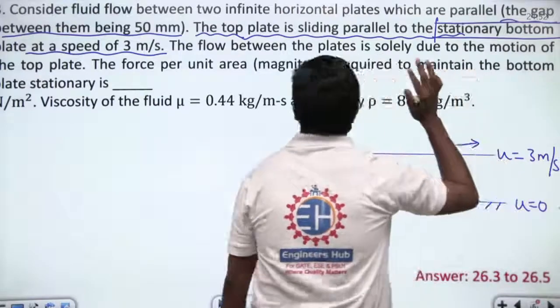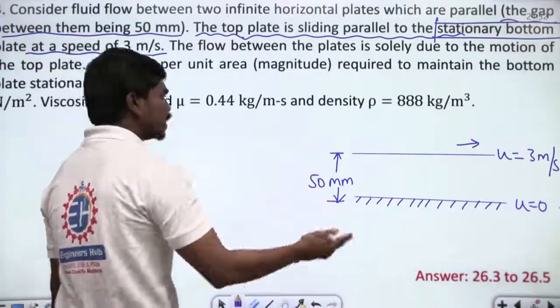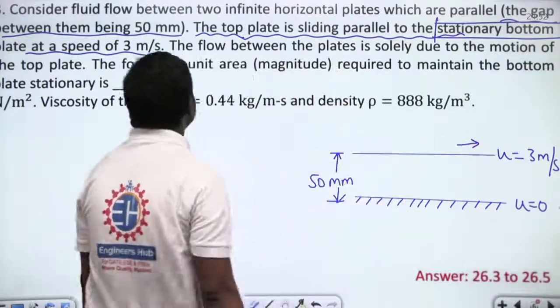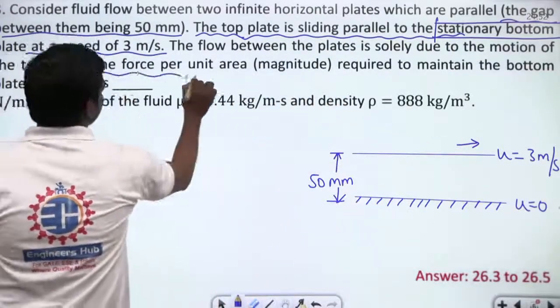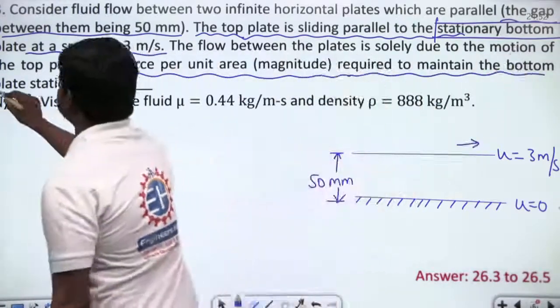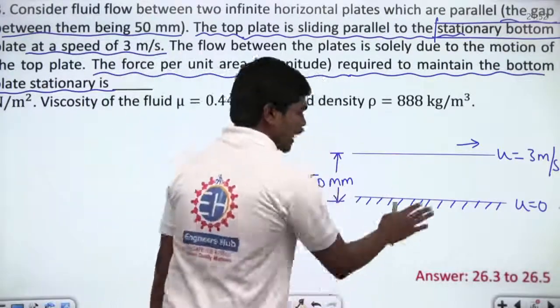Then the flow between the plates is solely due to the motion of the top plate. Of course, the flow between the plates is happening only because of the movement of this horizontal plate. The force per unit area magnitude required to maintain the bottom plate stationary is dash. Definitely this bottom plate has to be stationary.